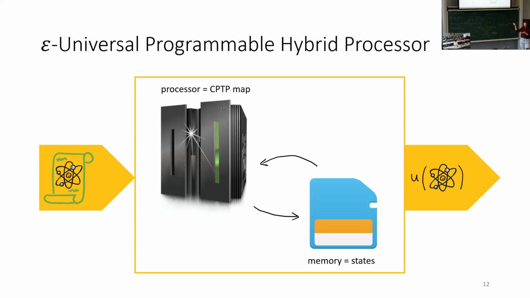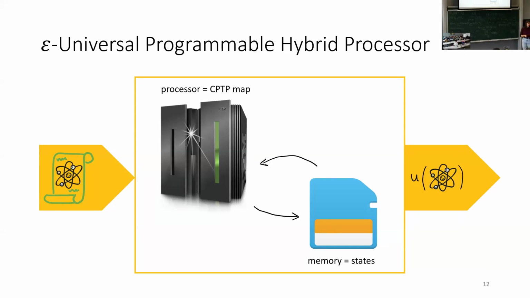That's why, instead of having a perfect processor, we allow some error. Now what we want to study is the relation between the error of the machine, the dimension of the unitary or the state, and the dimension of the memory.